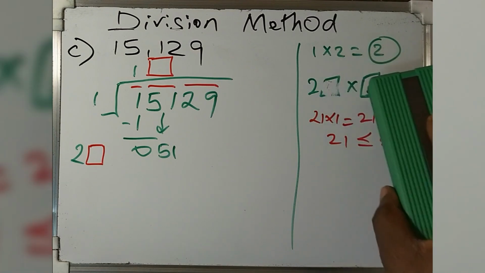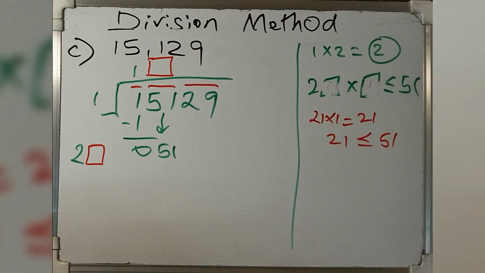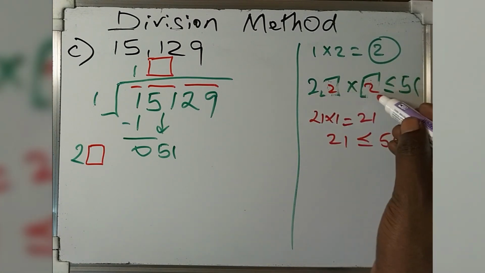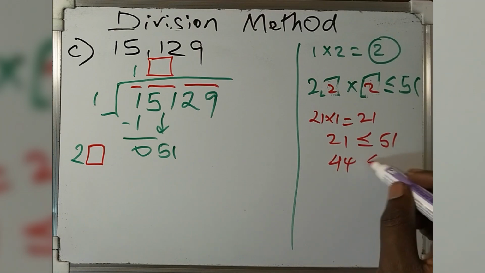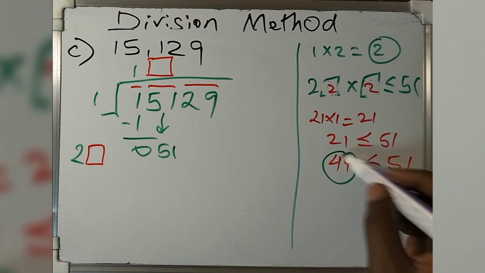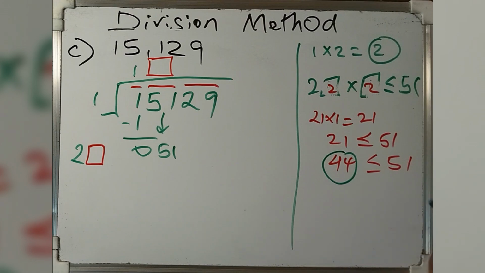If we place 2 here and 2 here, we'll have 22 times 2, which will be 44. It will be less than 51. Now, we can see that 44 is nearer to 51 than 21.